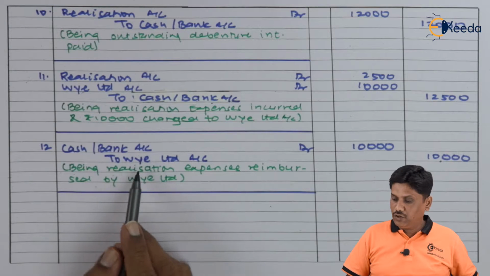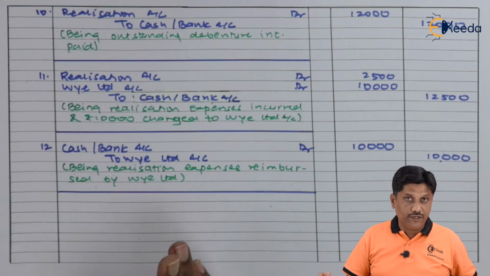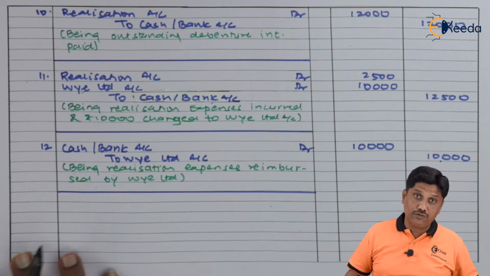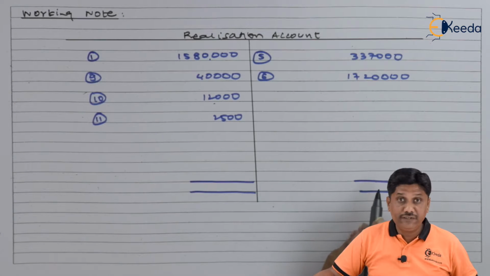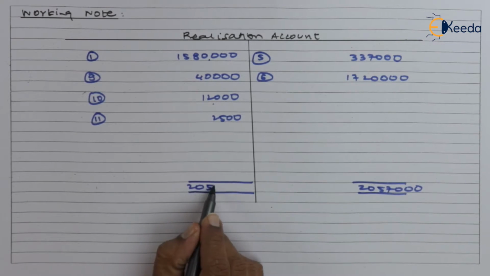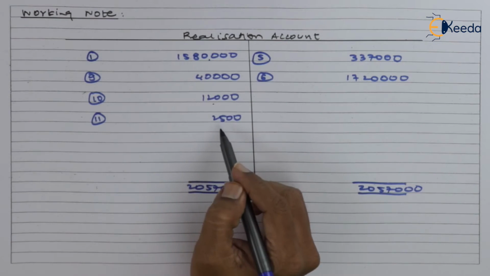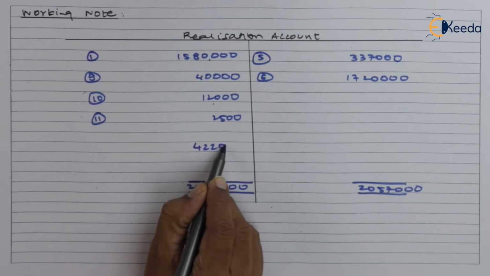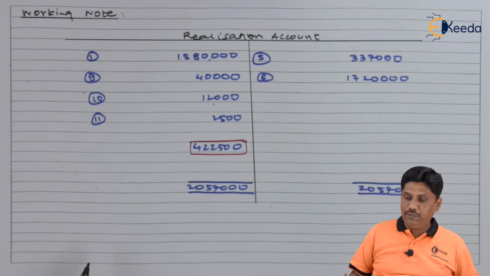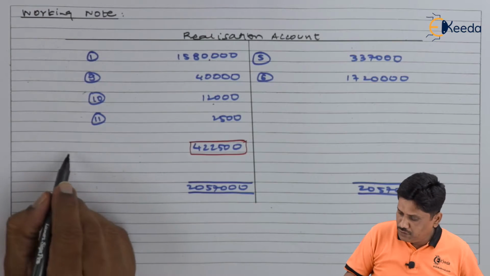Entry number 12 does not have any realization account, so that will be ignored. Let us close our realization account and try to find out what is your profit or loss. Credit side total is 20,57,000. I will minus all these amounts. This is the realization profit which will be transferred to equity shareholder account.